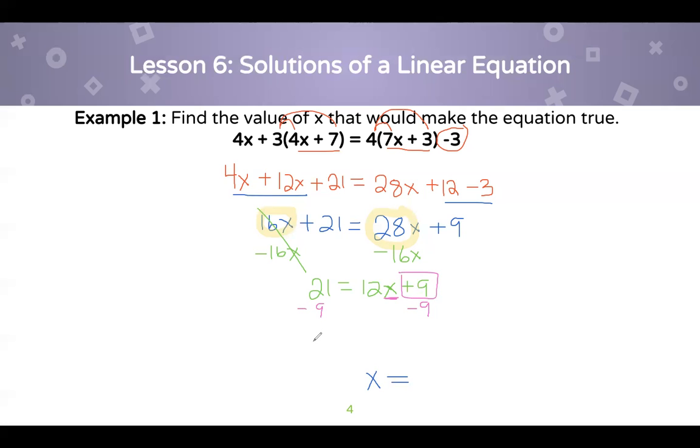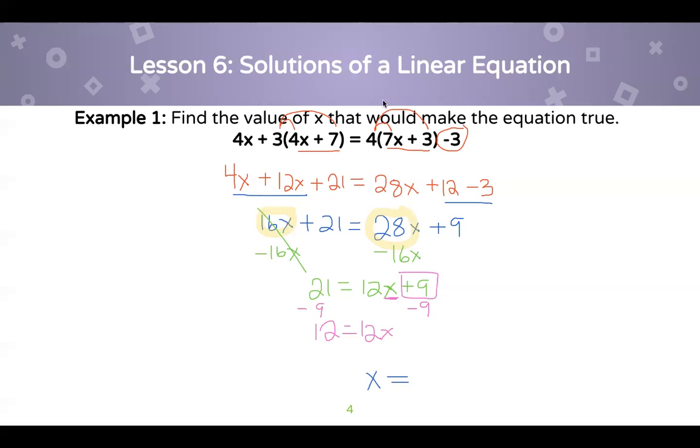So on this side, I should be left with 21 minus 9, which is 12. And over here, I'm left with 12x. So now I have 12 equals 12x. I'm still following the same steps.